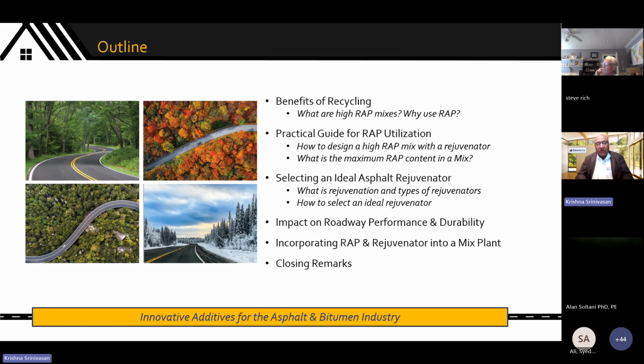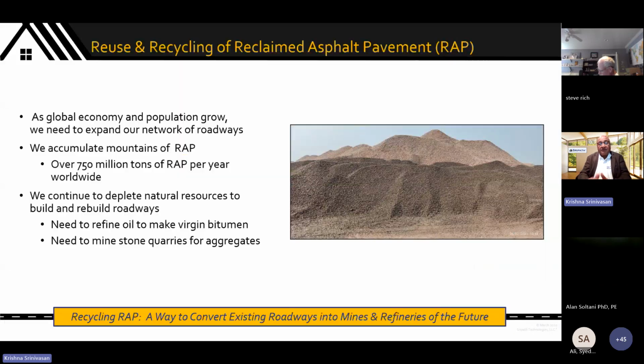And then close it out with some remarks on plant operations. Eventually, you can do so many things in a lab, but they have to be taken to a plant where you make mixes, put them down on the roadway, and make it more routine. So I'll spend a couple of moments on that and walk through some of the key items there. As Professor Ashik mentioned, please hold questions and we can certainly talk about them at the end.